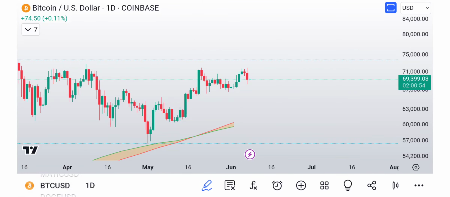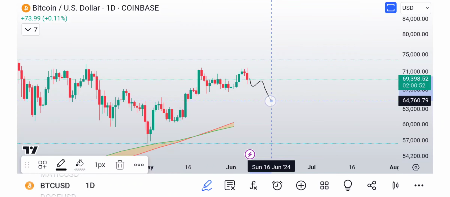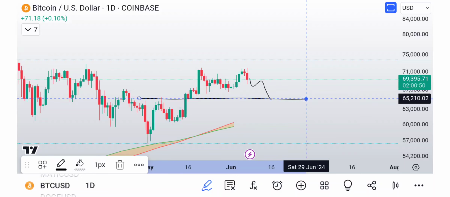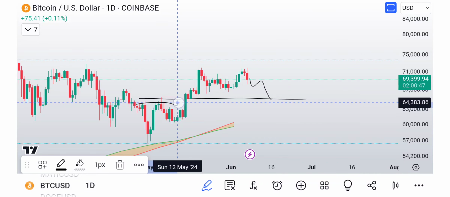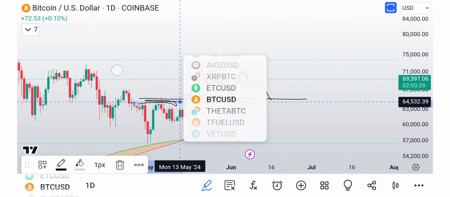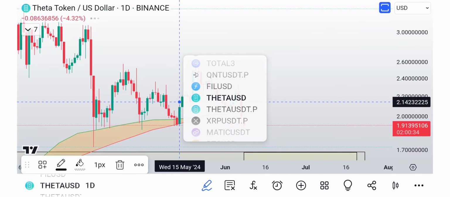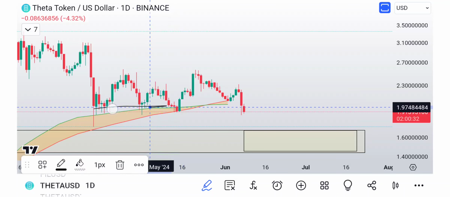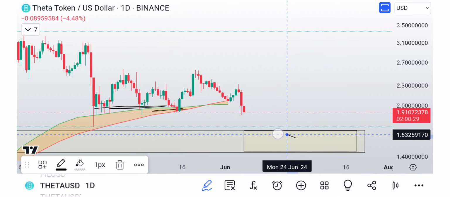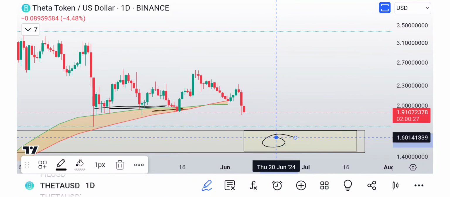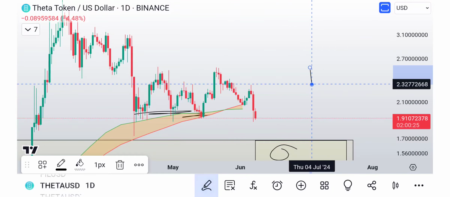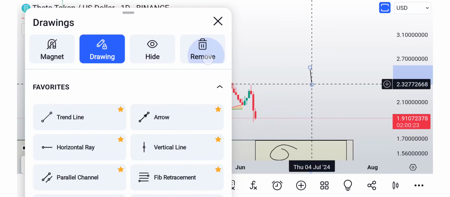Or, if Bitcoin makes its way down here to that 63, 64, 65K area, then Theta could potentially, I would imagine definitely, break below the support area, and in which case it would make it to the target area. So that's kind of how I'm looking at it now.